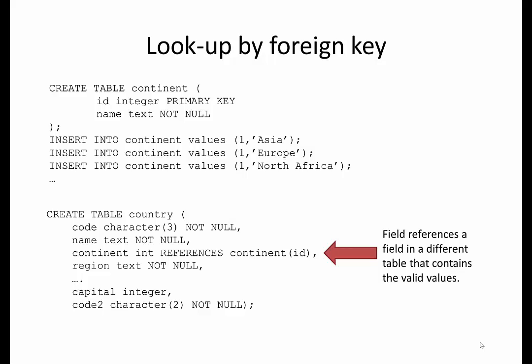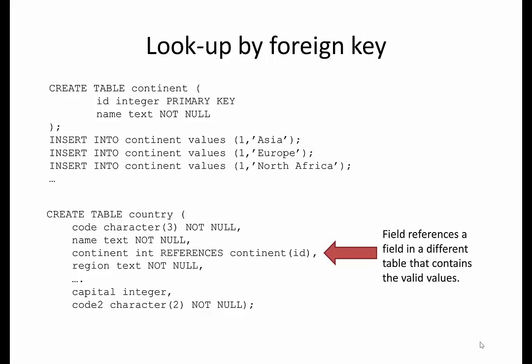So then when we define our table country, our continent field is now an integer. It's not a text because we're looking up the ID. Why do we look up the ID rather than the text?